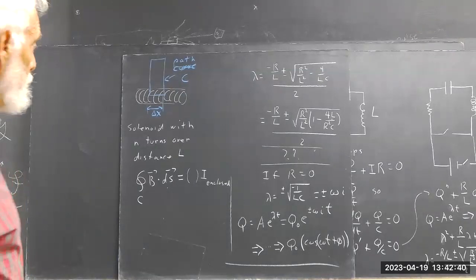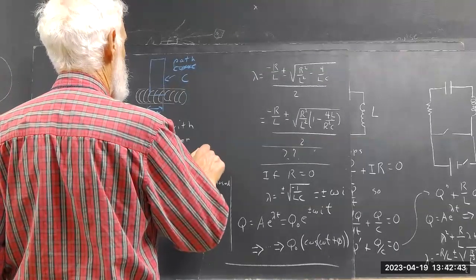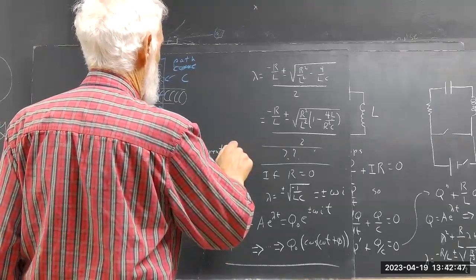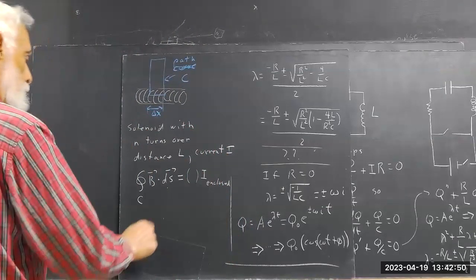So if you've got current I, how much current have you enclosed?